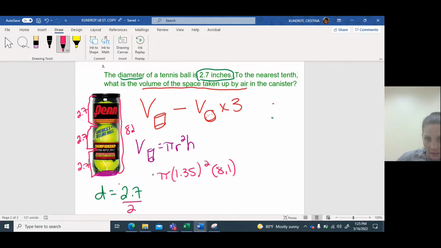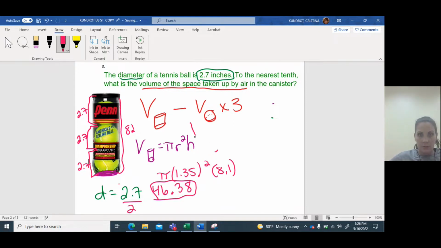And when you do that, you are going to get 46 point, and of course the numbers are irrational, so I'm just going to round it to 46.38. So that is the volume of the cylinder.